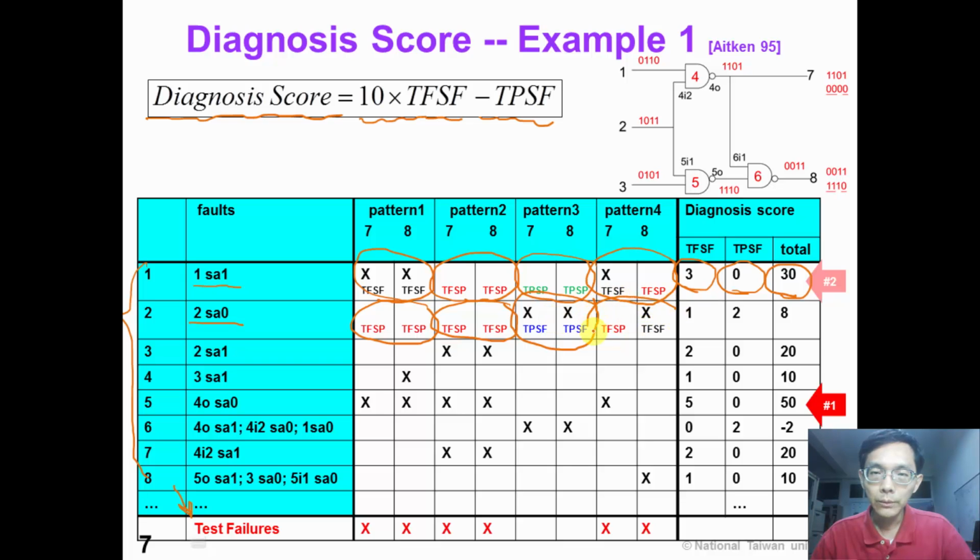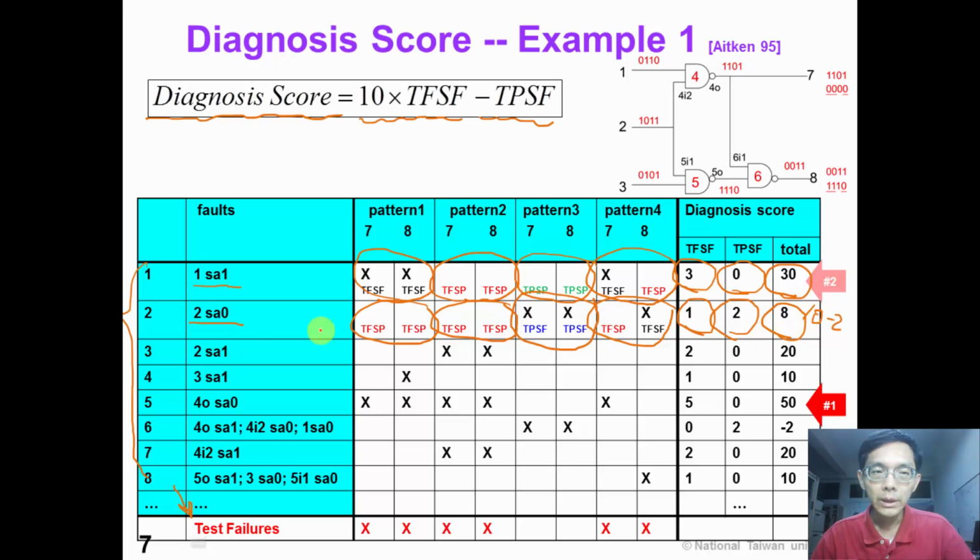For pattern number 4, output 7 is TFSP, output 8 is TFSF. So for these 4, we have 1 TFSF, 2 TPSF. The diagnosis score, according to the equation, is 10 minus 2, which is 8.